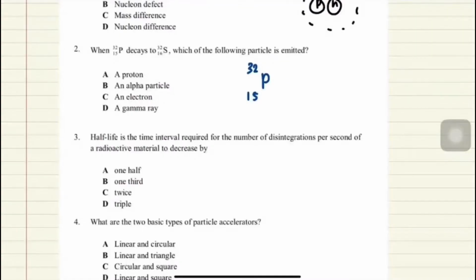The question number 2. When P decays to S, which of the following particle is emitted? So to solve this one, normally you would like to write down the equations lah. So contohnya macam P 32 15, this is the parent nucleus, and then they produce S 32 16.